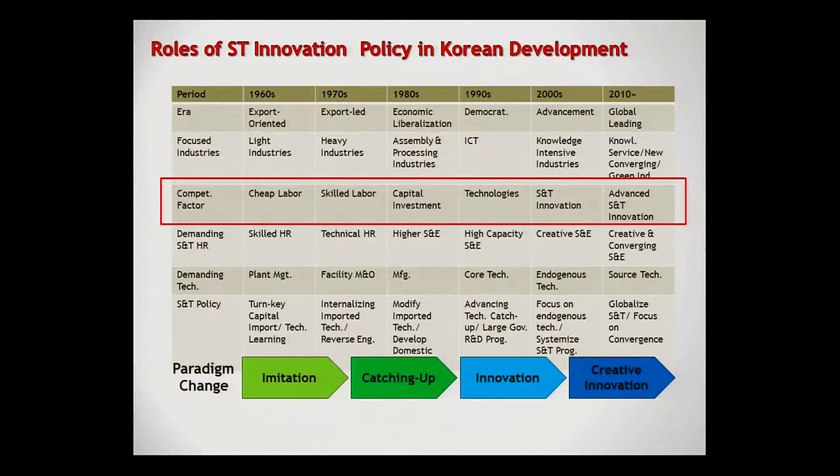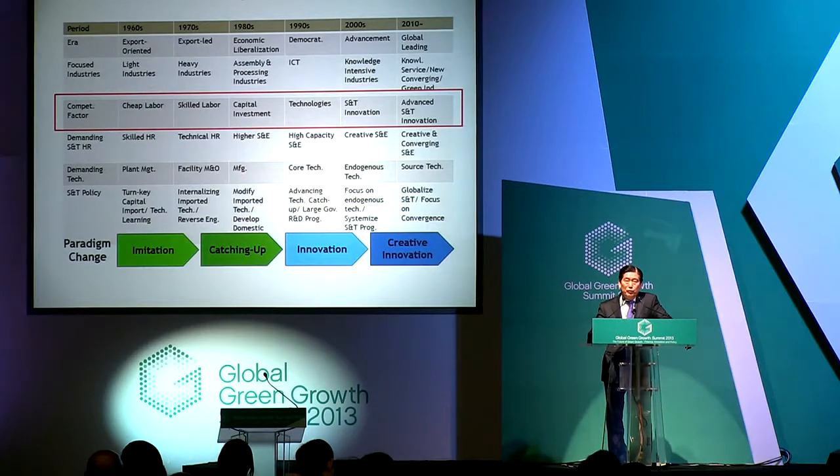Let me summarize Korean science and technology development with this table. We tried to imitate everything from foreign countries. In the 1960s and 70s, we also had to sell everything from Korea, like even seeds, coal, and everything. Then we tried to catch up in the 1980s.